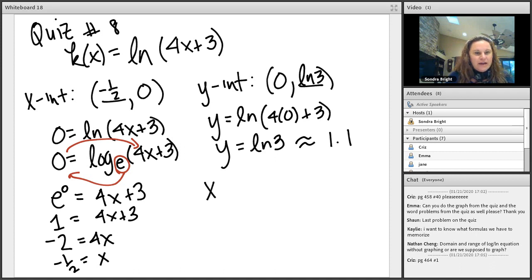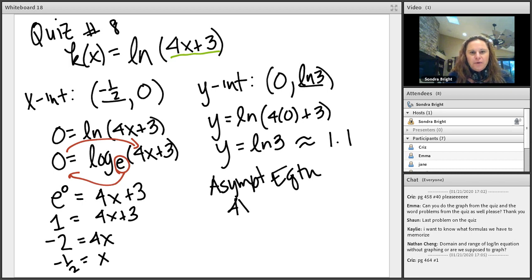And then your asymptote. The asymptote equation is always going to be this part that's after the log, that guy. When is that equal to 0? And so you'll go 4x plus 3 is equal to 0, or x is equal to -3/4.